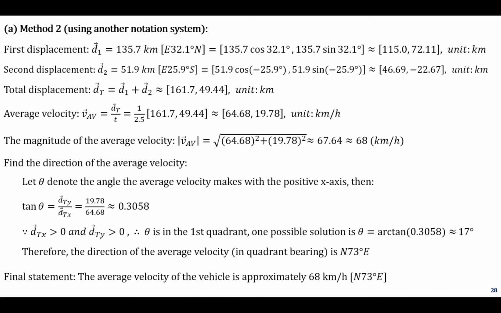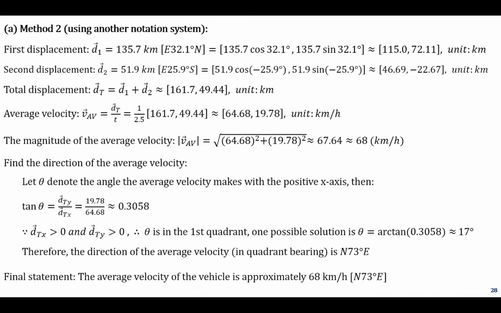The two components are 51.9 cosine negative 25.9 degrees, and the y component should be 51.9 times sine negative 25.9 degrees. So be careful with the sign in front of your angle, whether it's positive or negative. You need to draw a diagram to find corresponding angles, okay? And then the two components are 46.69 and negative 22.67.